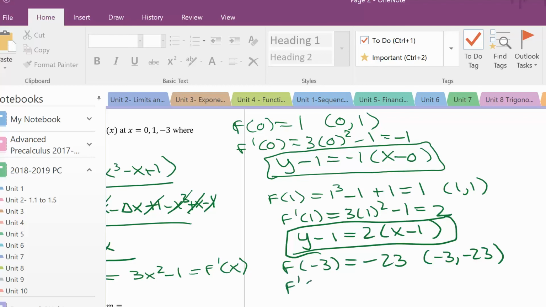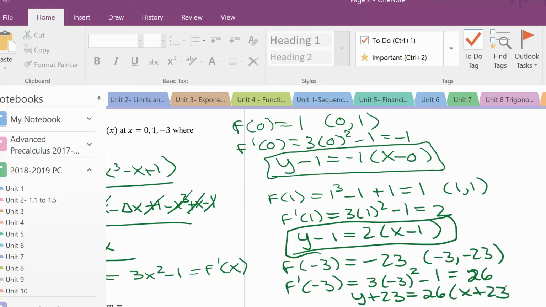And the slope, f prime of negative 3, is 3 times negative 3 squared minus 1, equals positive 26. So when you write your equation, you get y plus 23 equals 26 times x plus 3. And that is your equation for that one.